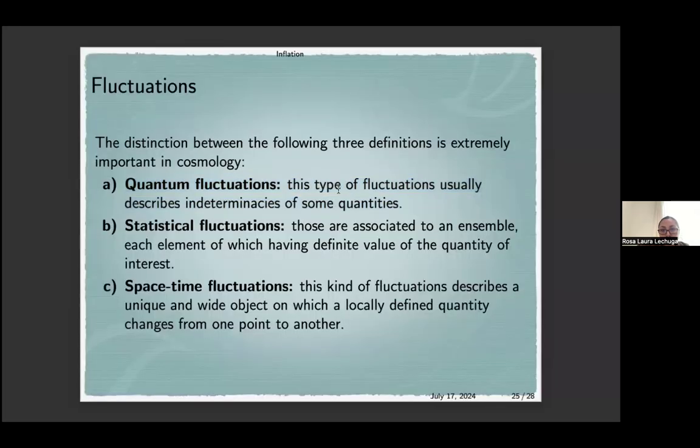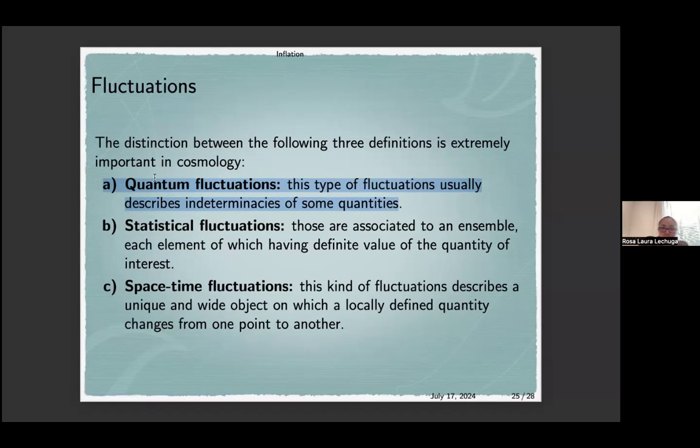But it's important to emphasize that quantum fluctuations only describe indeterminacies on some quantities, for instance, the ground state of the harmonic oscillator. But it's completely different in the case of statistical fluctuations, because statistical fluctuations are thought in the sense of a big collection of objects, with a weight for a particular quantity on that large collection of objects.